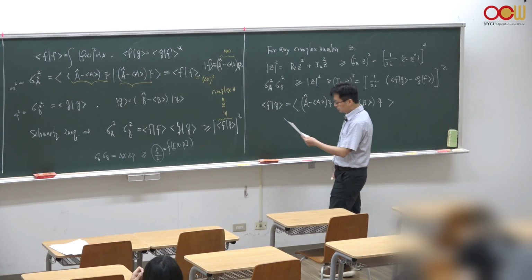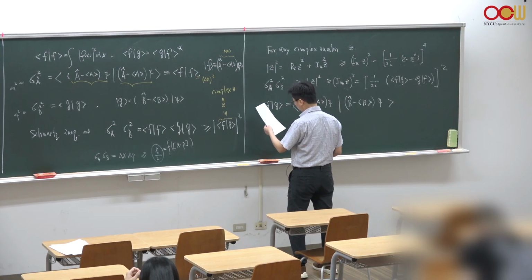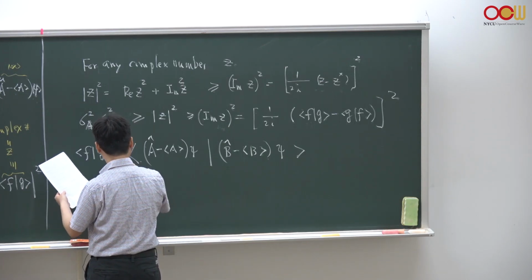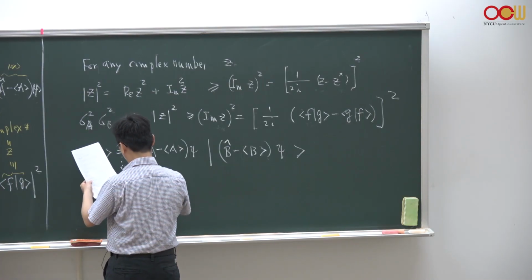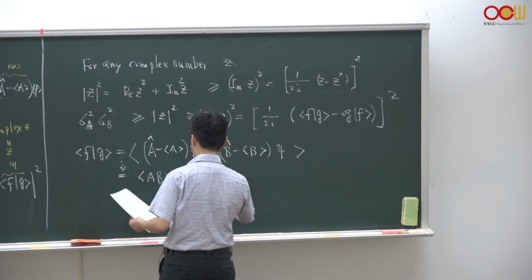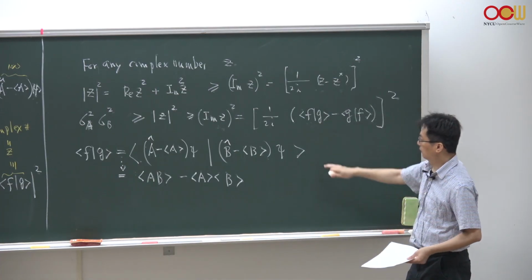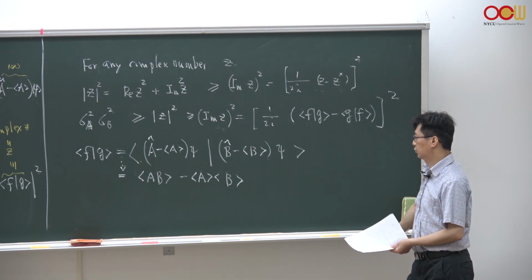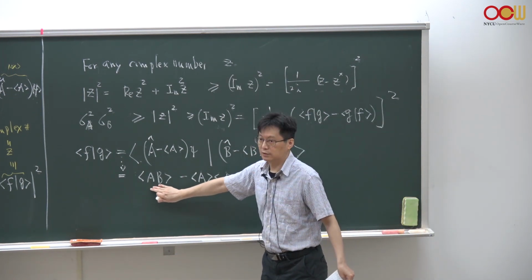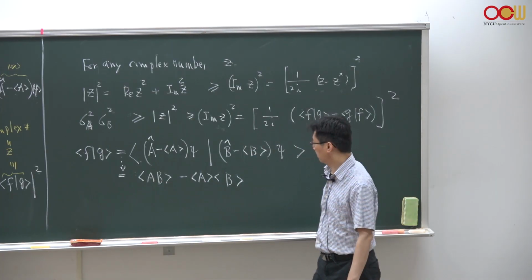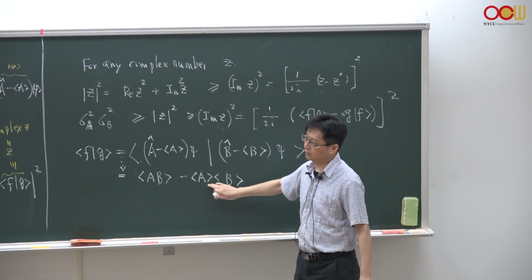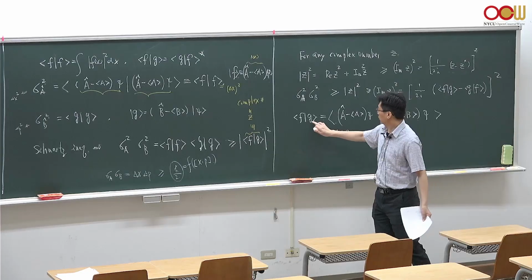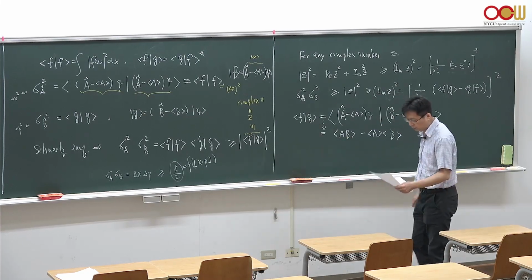Now I can simplify this inner product. I skipped some details, but let me rewrite this in terms of these two terms. You could rearrange all these four different terms, and then you could show that this is given by the expectation value of the AB product minus the expectation of A times the expectation value of B. So this is the inner product between G, a ket state, and F as a bra state.